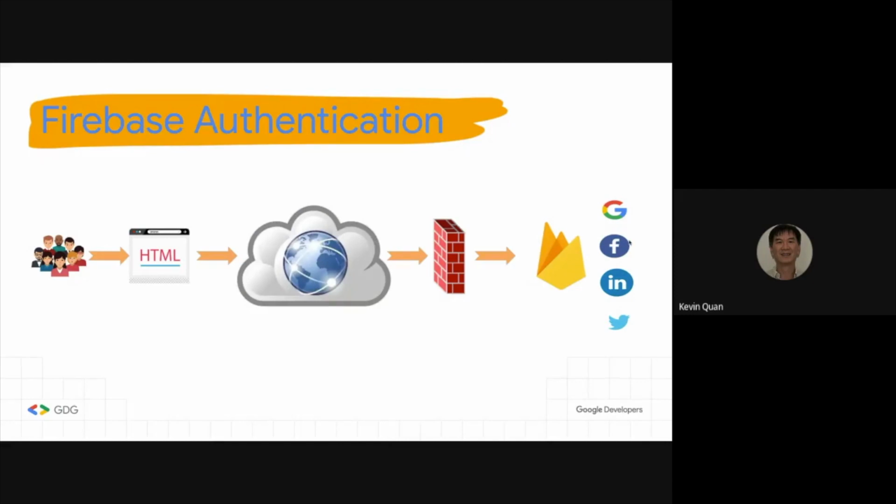You can also use Facebook, LinkedIn, Twitter, and some other providers out there. So Firebase provides this interface. We call these external authentication providers, using the technology called OAuth to authenticate the user.